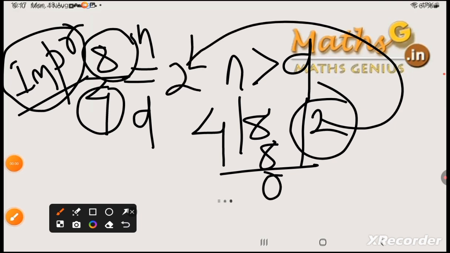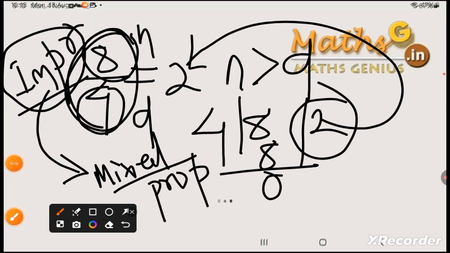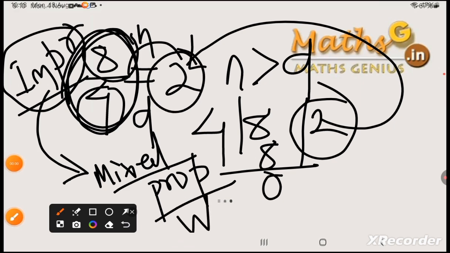Whenever there is an improper fraction, you cannot leave it like that. You will have to convert it to a mixed fraction or a proper fraction. Here 8 by 4 immediately became a whole number.